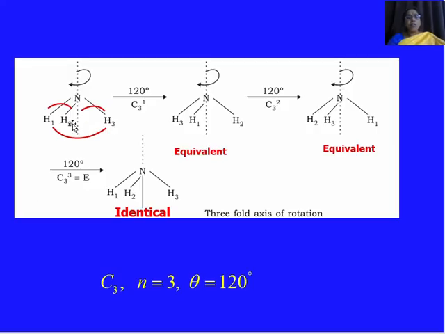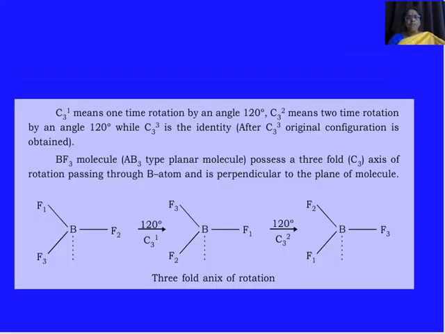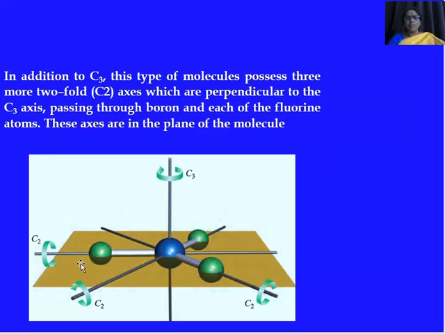Water and ammonia are non-planar molecules, that is, all the atoms do not lie in the same plane. If we consider a planar molecule like BF3, the 3 fluorine atoms and boron all lie in the same plane. Here we are choosing an axis passing through only boron, the Z axis, and the molecular plane is the XY plane.